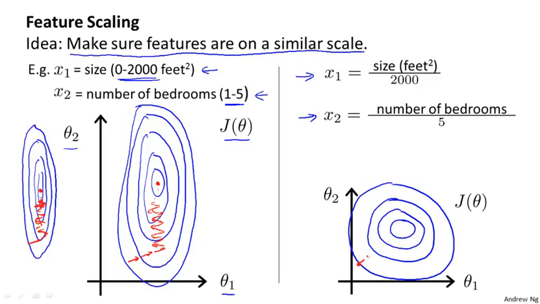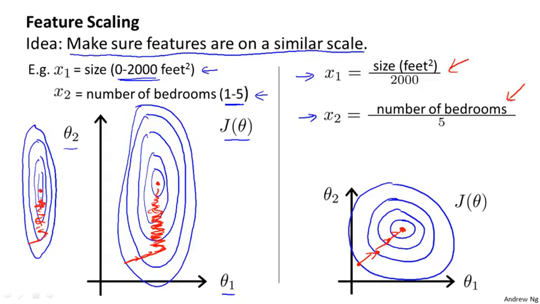And if you run gradient descent on a cost function like this, you can show mathematically that gradient descent can find a much more direct path to the global minimum, rather than taking a much more convoluted path where it's trying to follow a much more complicated trajectory to get to the global minimum.